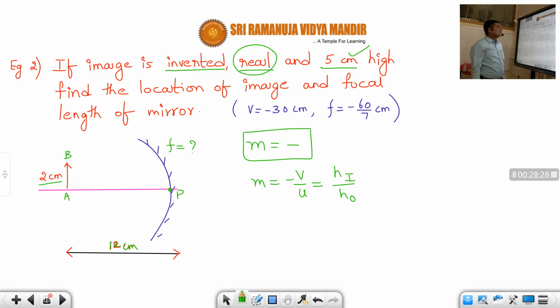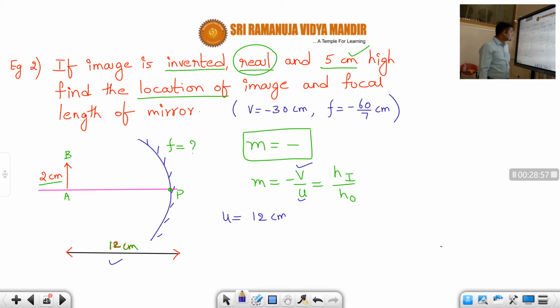Now they are asking us to find the location of the image. Location of the image means image distance, which is represented by V. And the object distance is given in the diagram. How much, students? This is 12 centimeters. So now U is equal to, shall we write 12 centimeters only according to sign convention?